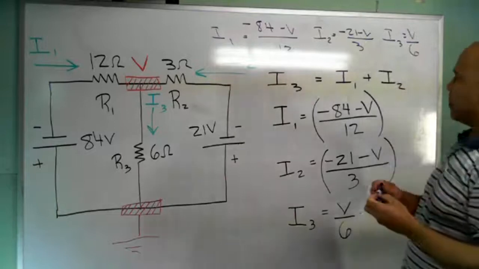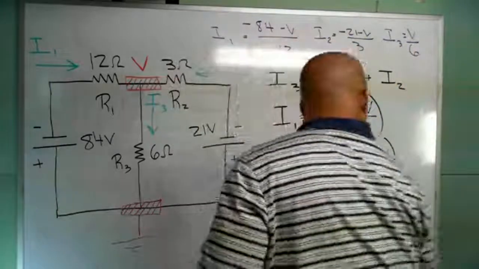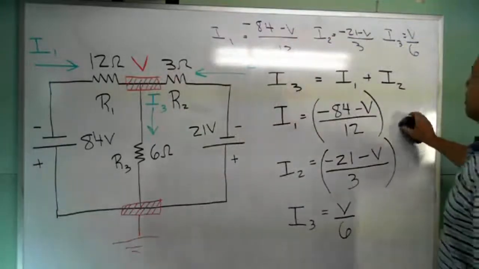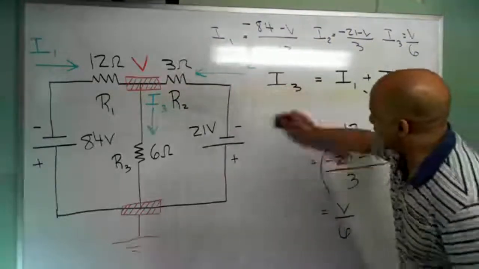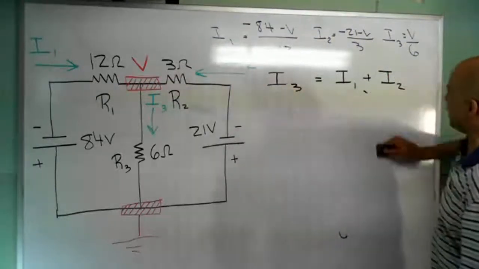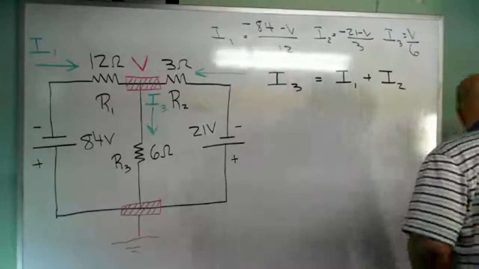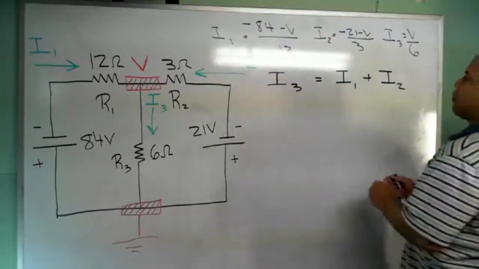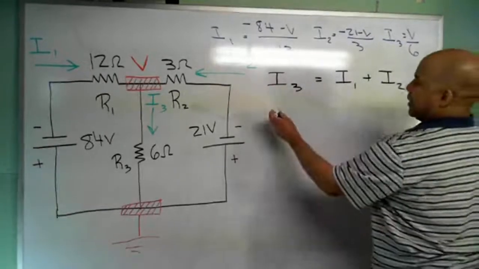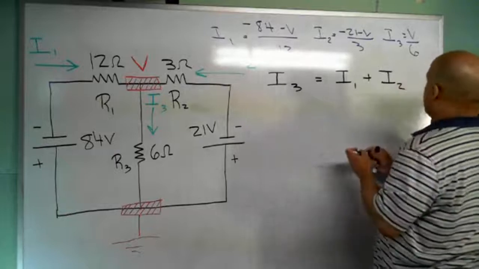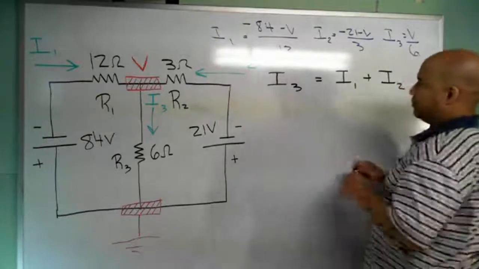All right. So what I want to do now is substitute for I3, I1, and I2. Well, I3, we said that was V over 6.